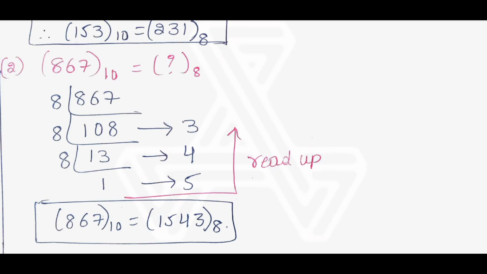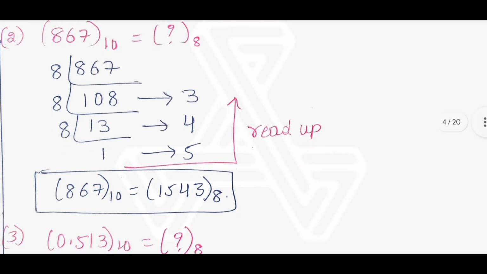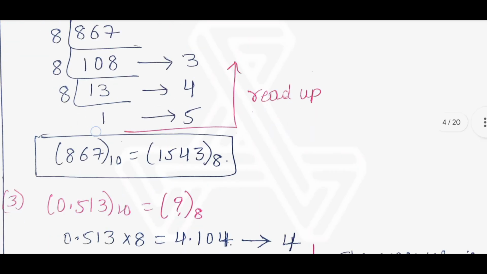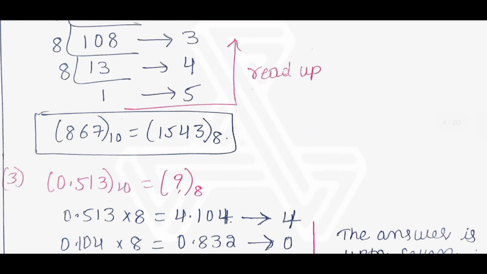We have to divide it and we'll keep the remainder beside. So it will give us this. After it tends to 1, we should read it up. 1543 to the base 8 is 867.